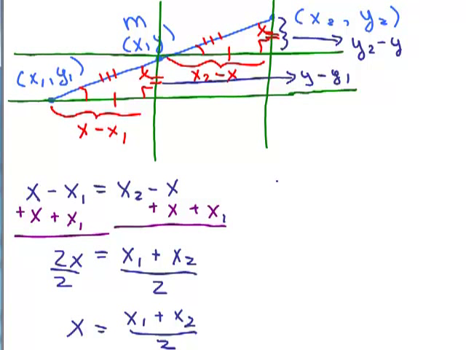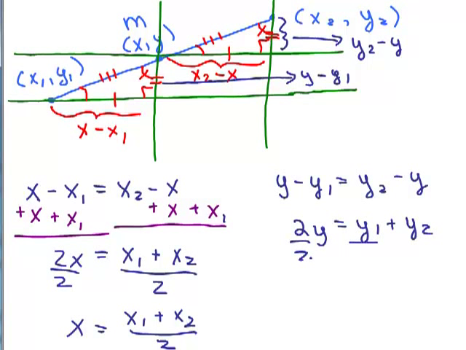So I could write y minus y1 equals y2 minus y. And if we do the same reasoning, putting the y's on one side and the y1 on the other side, add y to both sides and add y1 to both sides, I get 2y equals y1 plus y2, and divide by 2.